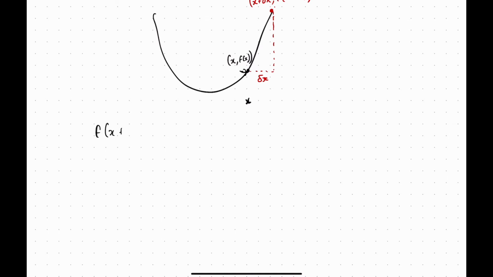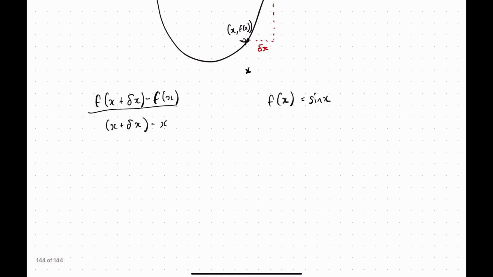So if you've got f of x plus delta x minus f of x all over x plus delta x minus x, and the function you are looking at is specifically sine x, what you end up with is sine of x plus delta x minus sine x, all over x plus delta x minus x, which actually just becomes delta x.